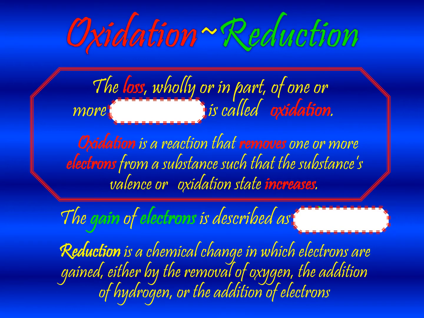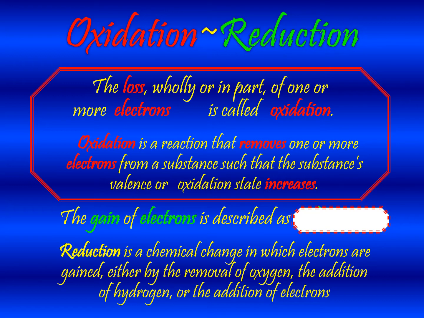So oxidation reduction has to do with the possession of electrons. Somebody gains, somebody loses. If you lose completely or just in part one or more electrons, that is oxidation. So oxidation is losing electrons.